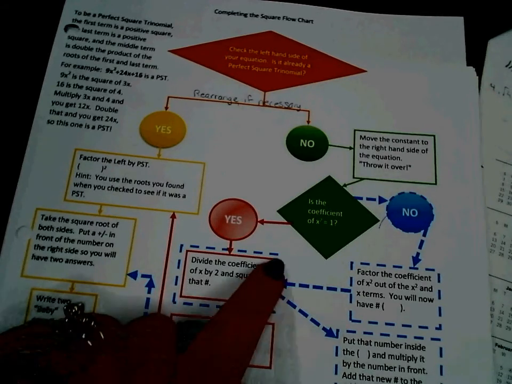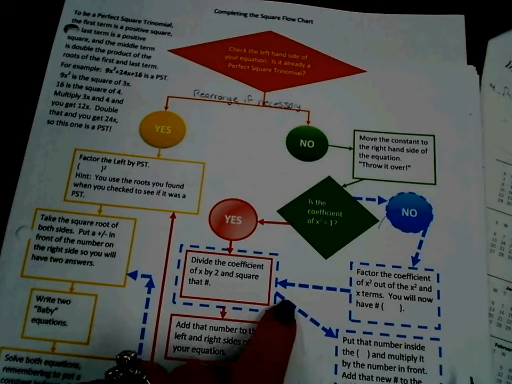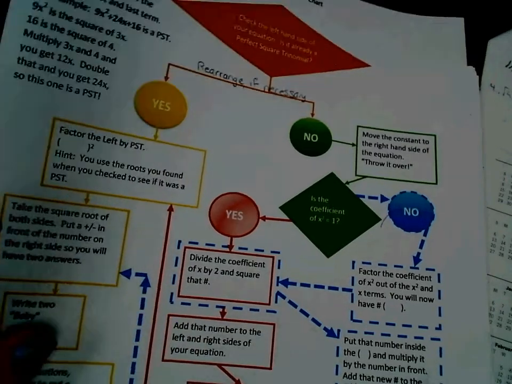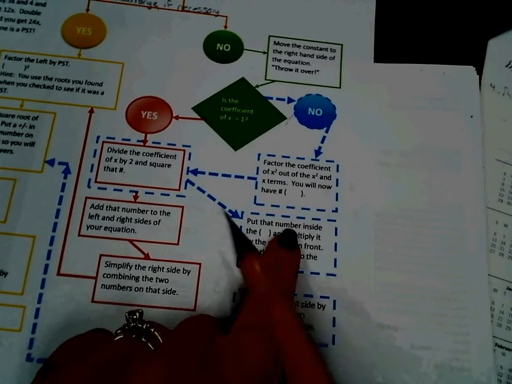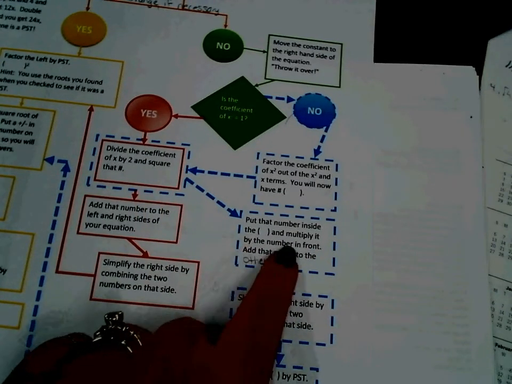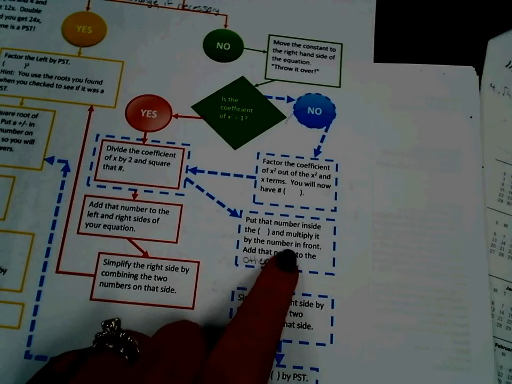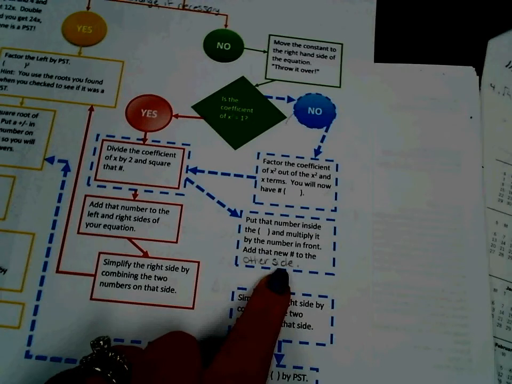Now, since I was coming from the blue side and it has a blue box around it, I've got to follow the blue one back. Okay, because I'm following the blue path. Put that number, the one you just found, inside the parentheses and multiply it by the number in front. Add that new number to the other side. Okay, now let me go through that one more time.